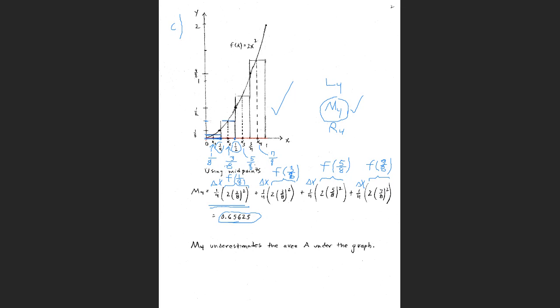But my question is, like we learned that the L sub 4 approximation underestimated the area A under the curve. The R sub 4 approximation overestimated the area A under the curve. I'm wondering about the M sub 4 approximation. Would this approximation overestimate or underestimate the area under the curve? That's my question.